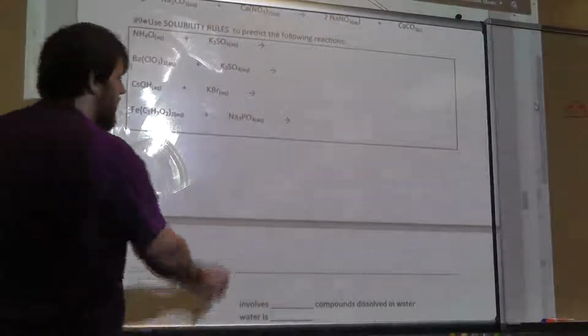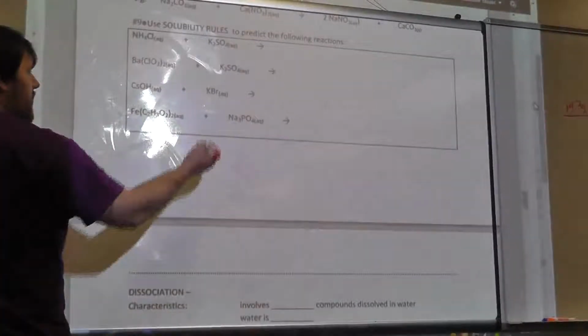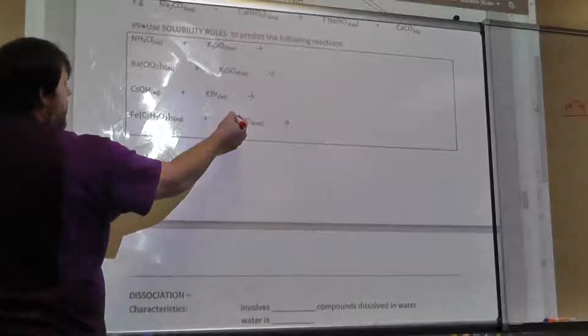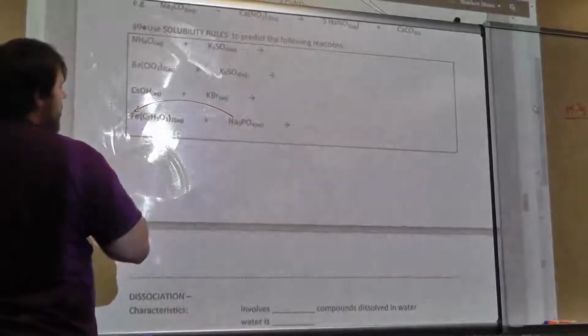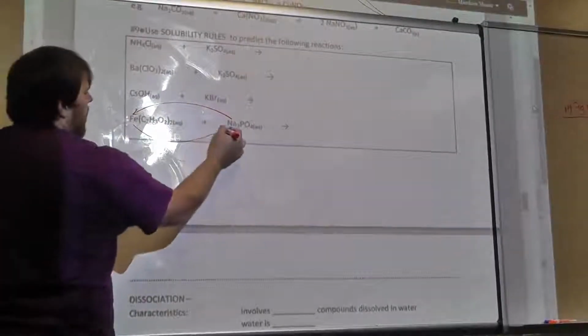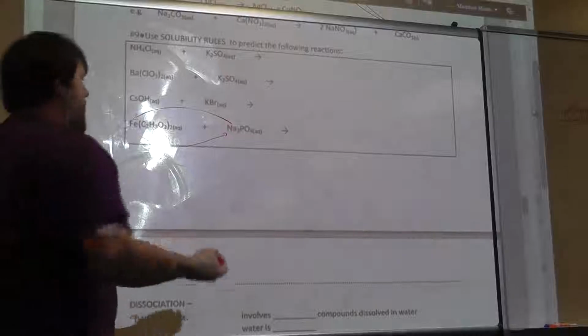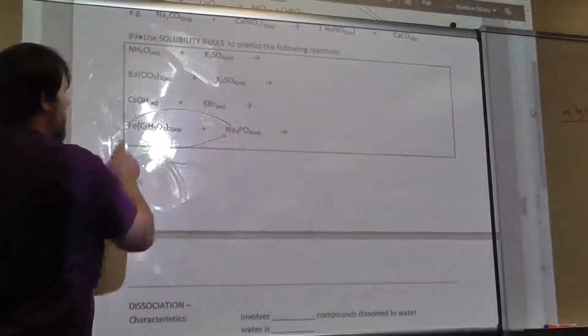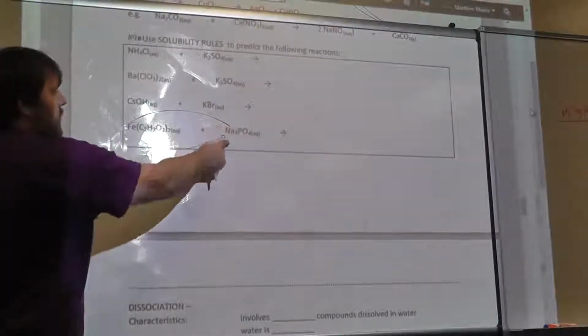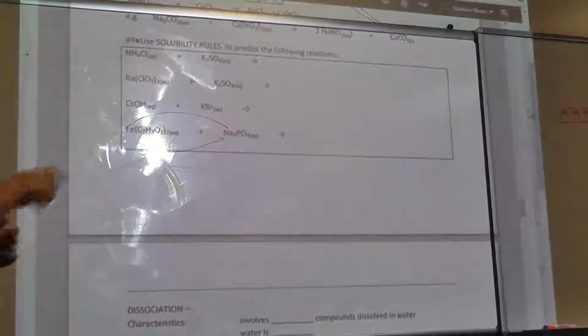Okay, so with this one right here, what we're wanting to see with the double displacement is the sodium coming in and replacing that iron portion, and the iron is trading places with the sodium. So it's kind of like a double partner trade. So if something did happen, the sodium is going to be the only metal over here. So what is the charge on sodium metal as a cation? Plus one.